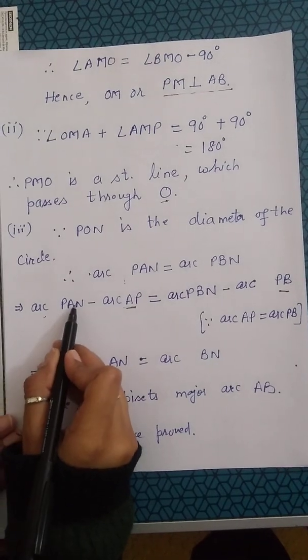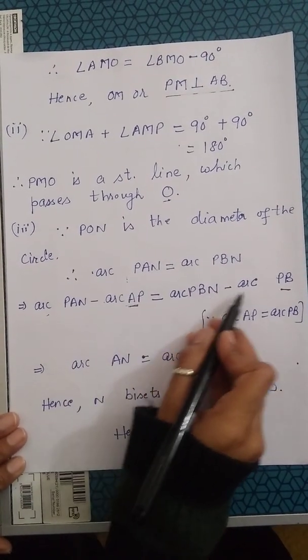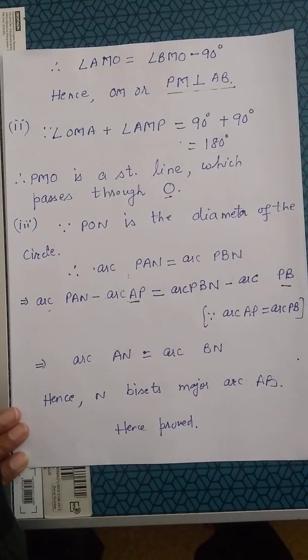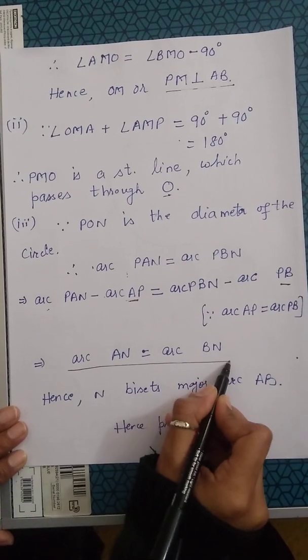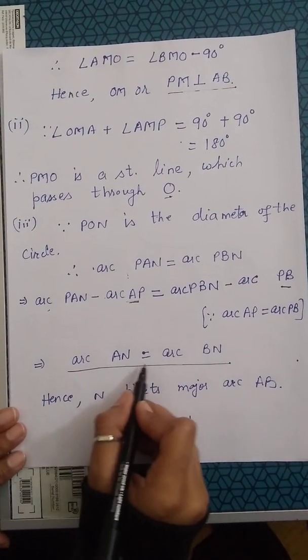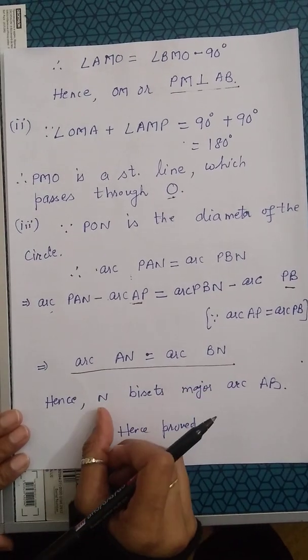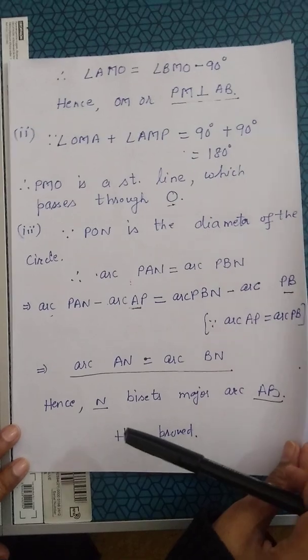So arc PAN minus arc AP is equal to arc PBN minus arc PB. This implies we are left with arc AN is equal to arc BN. Now if these two arcs are equal, this shows that point N is bisecting the major arc AB, and hence we have proved the third part.